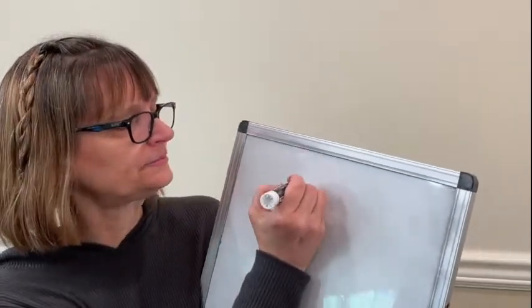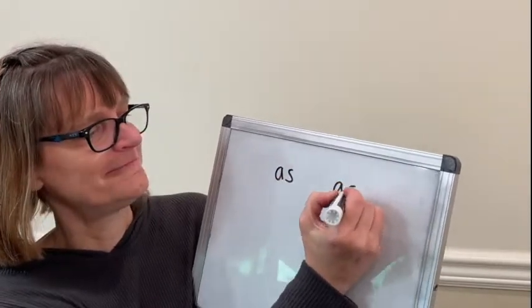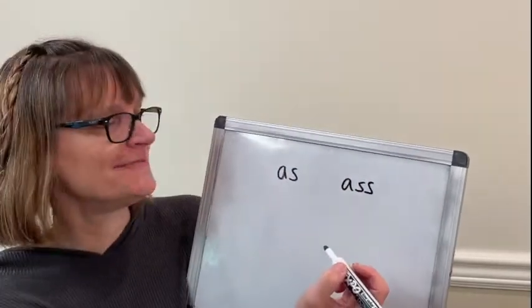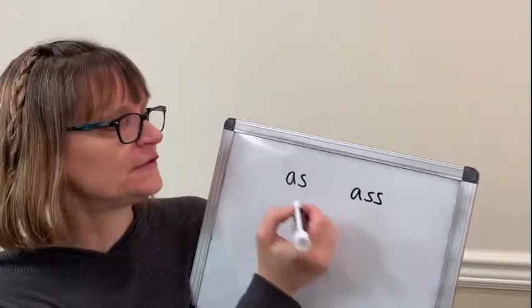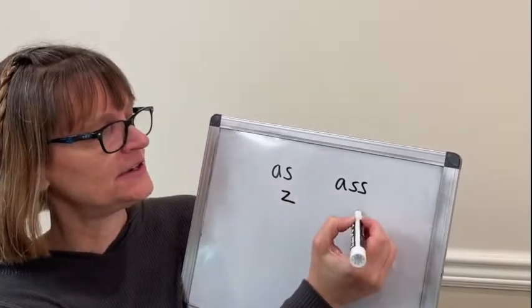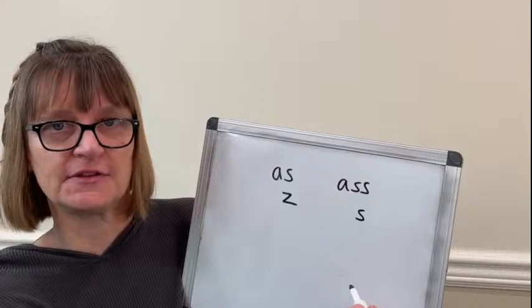We have a question about the word as, and then ass, like donkey. So here, the difference is just that we have the z sound in this word and the s sound in this word.